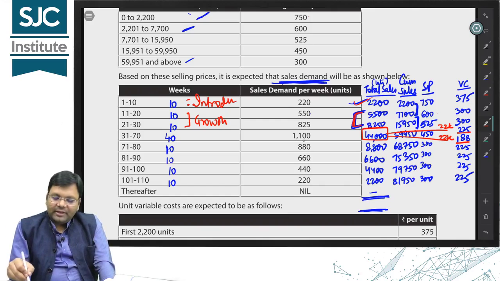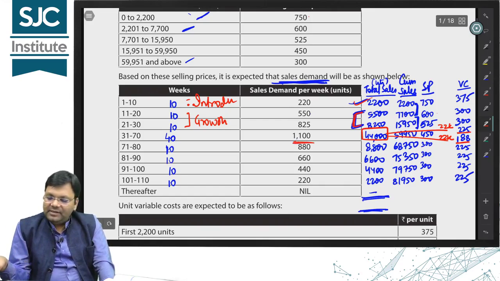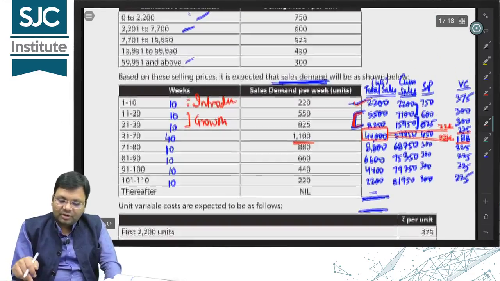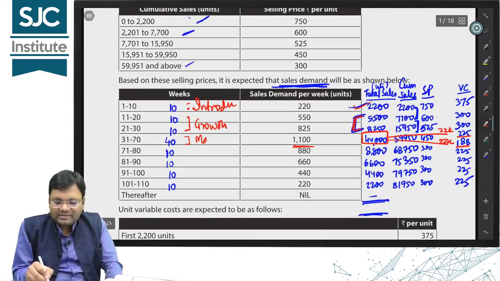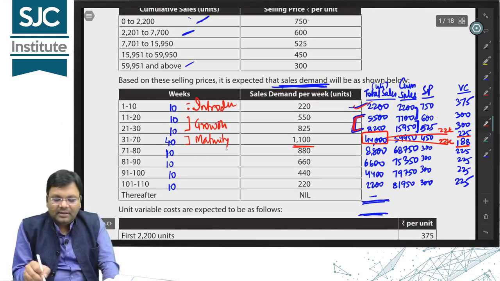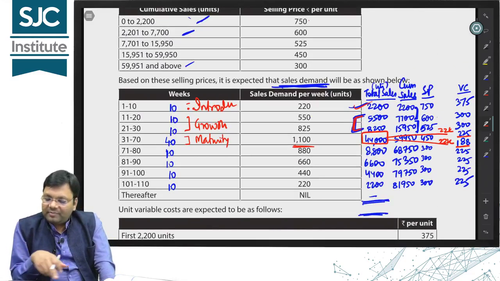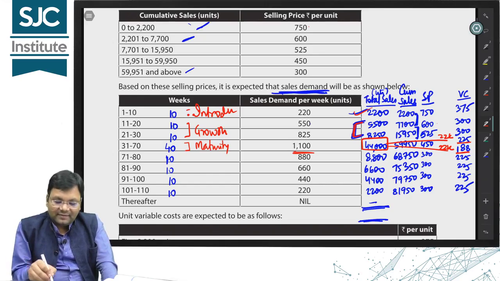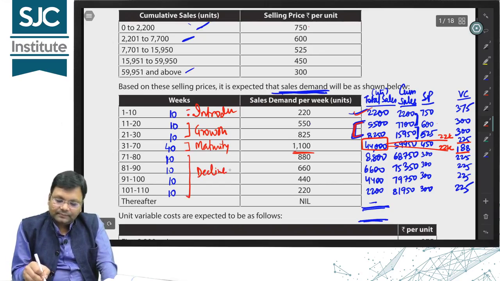In maturity, you see your capacity is fully being used. Your capacity was 1100 units per week, so that must be maturity, this entire period. The moment the sales volume starts declining and you have reduced your price also after this, and your cost has started increasing after this, this entire period indicates the decline phase.